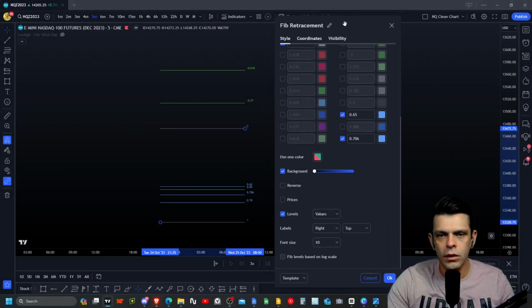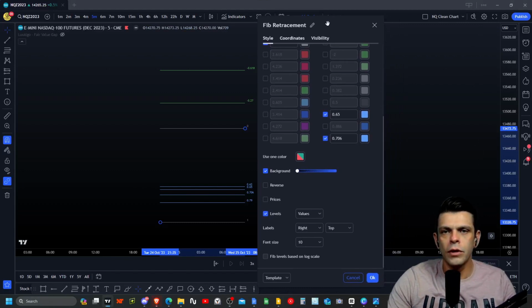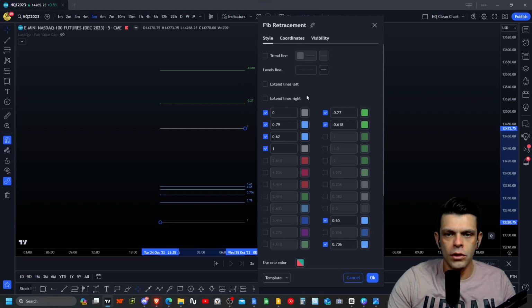Okay, before we go into some backtesting, let's have a look at how to set up your Fib retracement tool. These are the levels that I use. The 0 and the 1, which are your anchor points on the Fib, so it's the high and the low. And then next up is the 62% retracement level, which you just fill in 0.62. And then the 79% retracement level, which is 0.79.